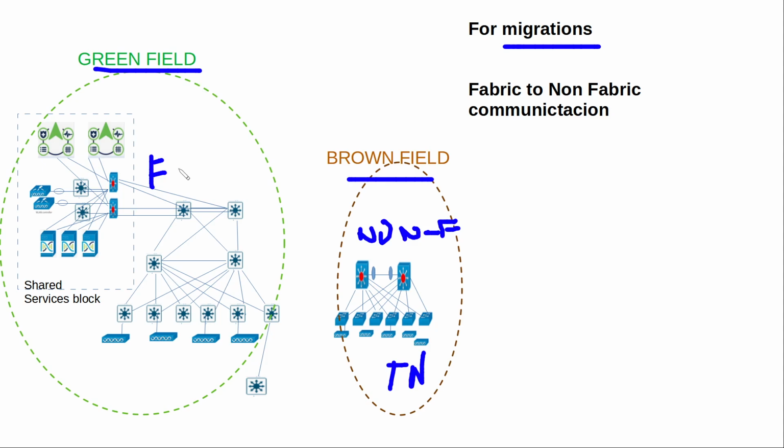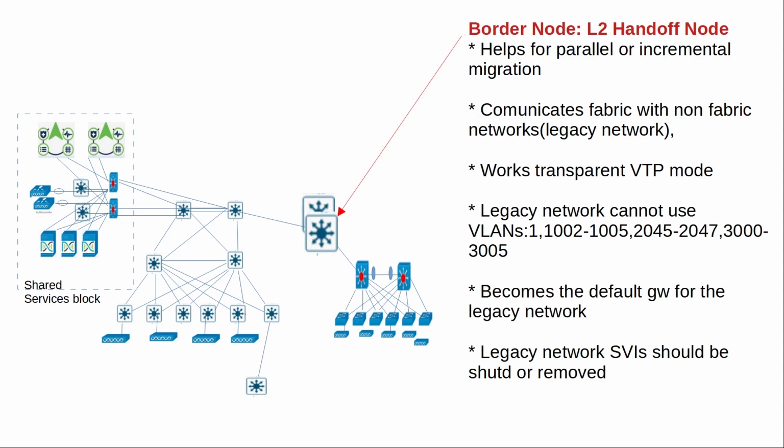So when doing migrations between old traditional networks into the fabric, what we're going to need is a special type of border node that is known as the layer 2 handoff node. Remember that border nodes come in several types.